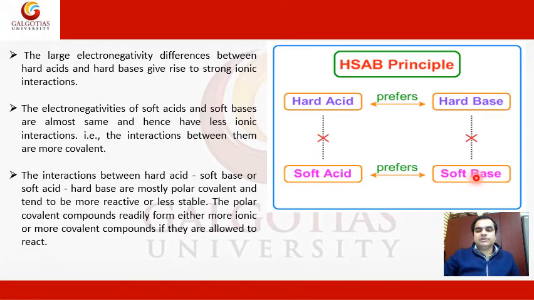Similarly, soft bases can easily interact with soft acids, and soft acids can easily interact with soft bases, due to the low electronegativity difference between them. That's why they prefer to make less ionic interaction to form covalent bonds, while hard acids and hard bases prefer to make strong ionic interaction between them.